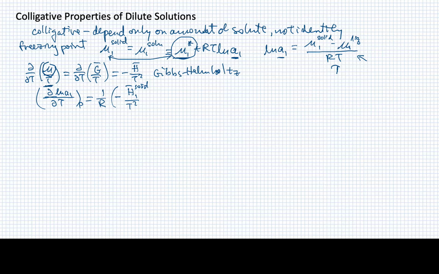So all I've done is translate the Gibbs-Helmholtz equation in when I take the derivative of this expression with respect to temperature, plus the molar enthalpy of the liquid, for the solvent, over temperature squared.